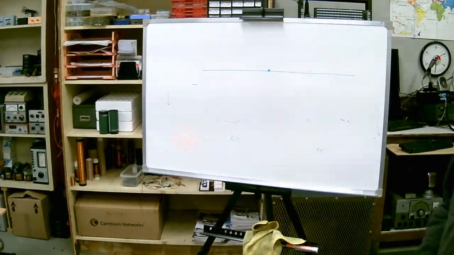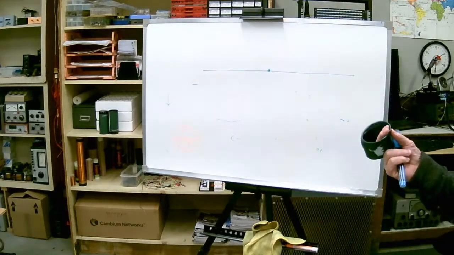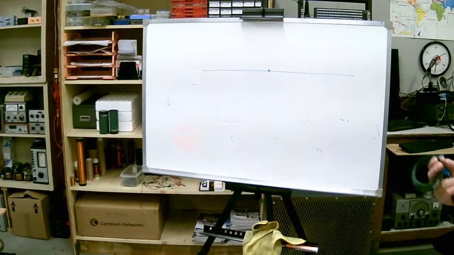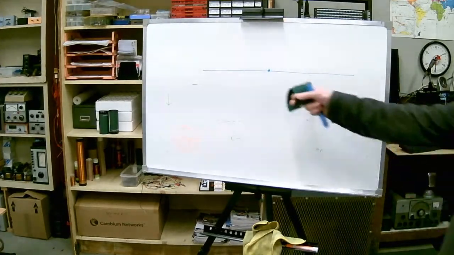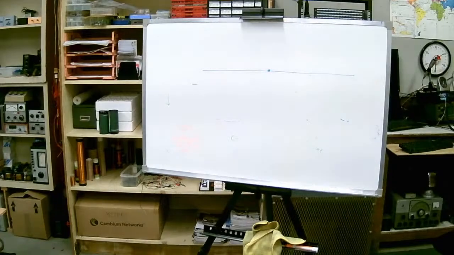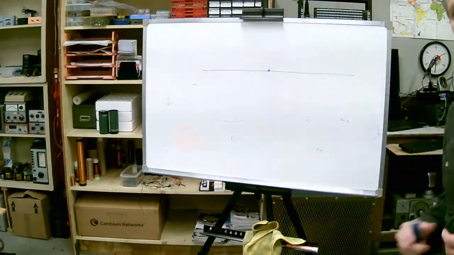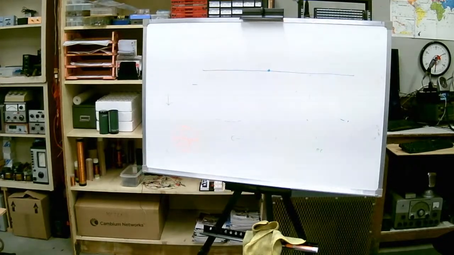Say for a given distance, which direction is it going to radiate the most? Straight up and down, probably. Well, this is in 3 dimensions. What's it going to look like in 3 dimensions?